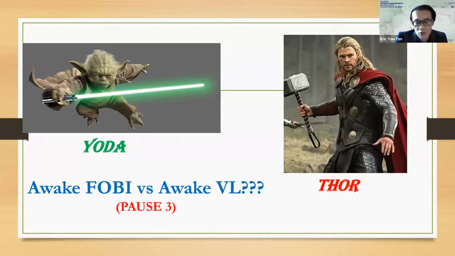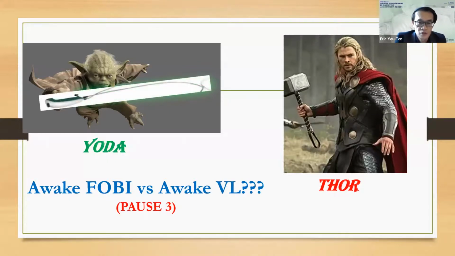Would you prefer to do an awake fiberoptic with an anticipated difficult airway, or would you do an awake video laryngoscopy? And I think Mary mentioned that in her talk. Perhaps you will change your mind when I tell you that Yoda will do the fiberoptic and that Thor will be doing the video laryngoscopy.